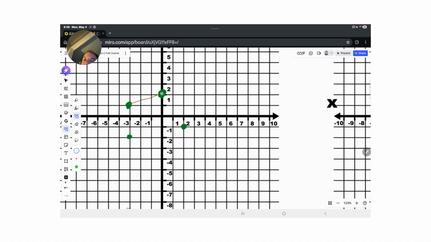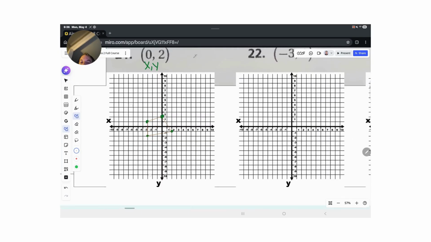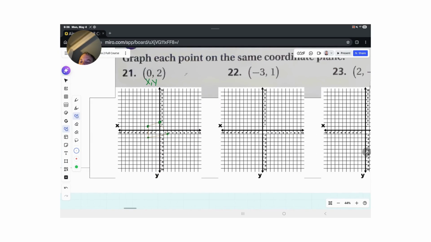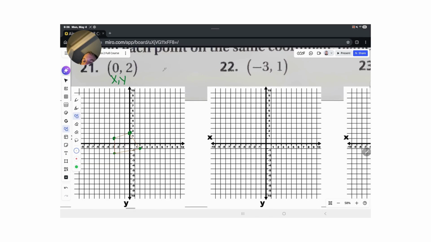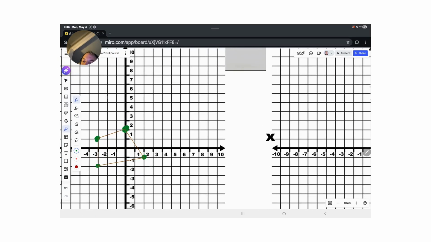Now if we connect them together, we'll have what looks like a bit of a parallelogram here. But there are our 4 points. And we can label those. Here is 0, 2.